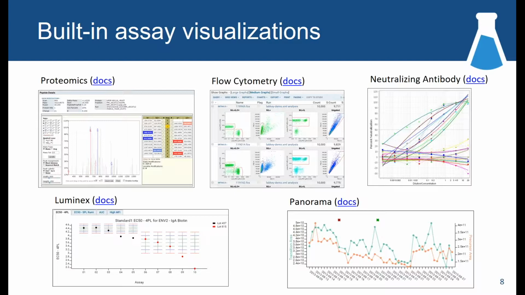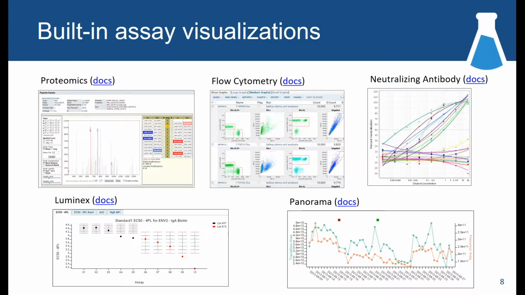The neutralizing antibody assay in the upper right has a run details page that shows data points from the uploaded data for a given standard, along with a polynomial curve fit for those data points. On the bottom left, there's the Luminex assay, which has a Levey-Jennings report for tracking quality controls over time for a selected standard or titration, and then allows for filtering the data down by analyte, isotype, and conjugate.